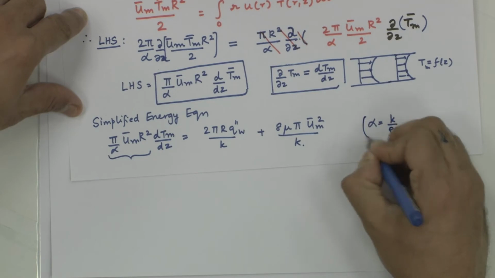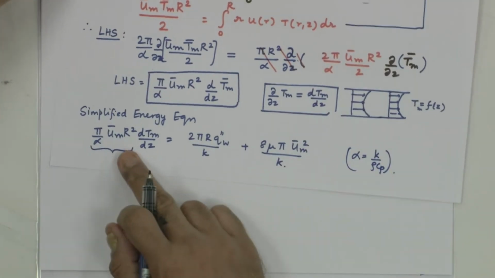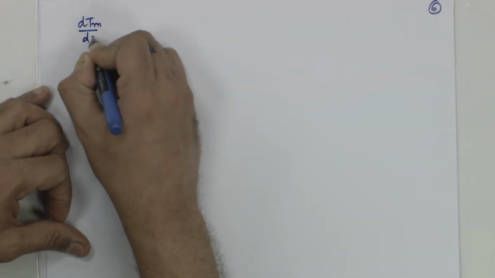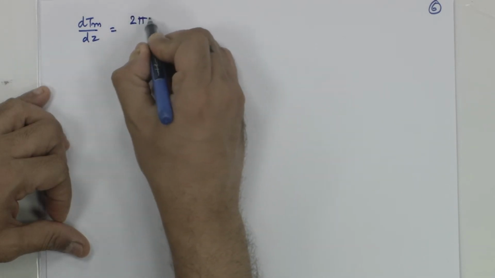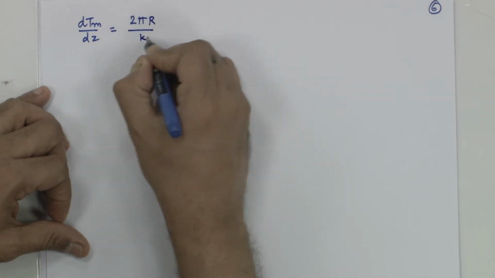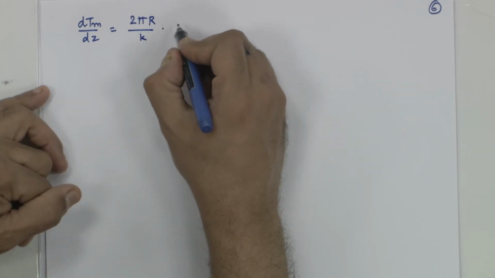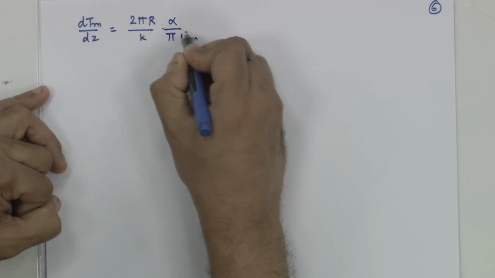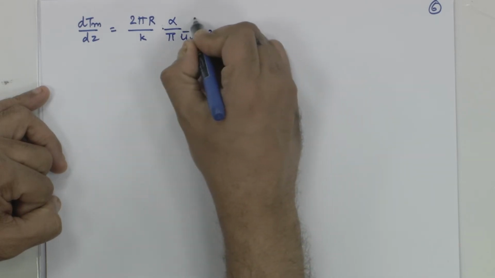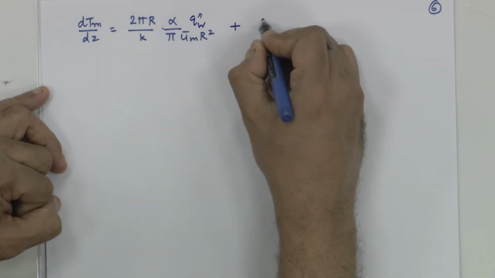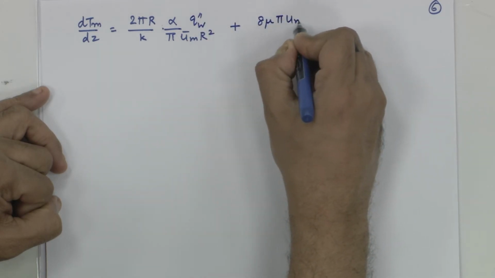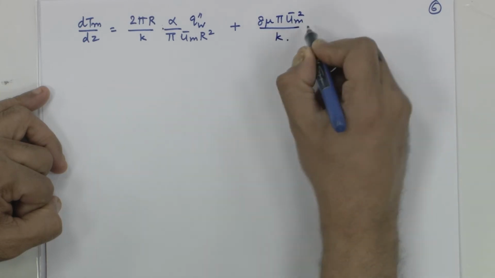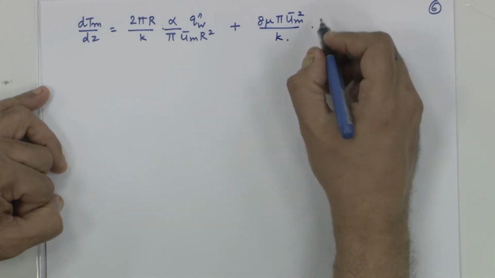So, I get dTm by dz is equal to 2 pi capital R by k times alpha by pi u m bar R squared q w plus 8 mu pi u m bar squared by k, divided by this.